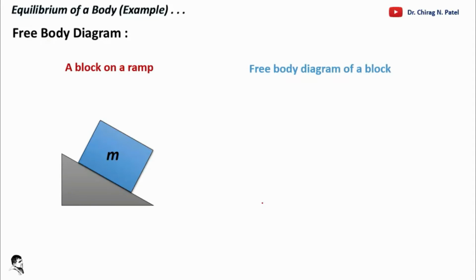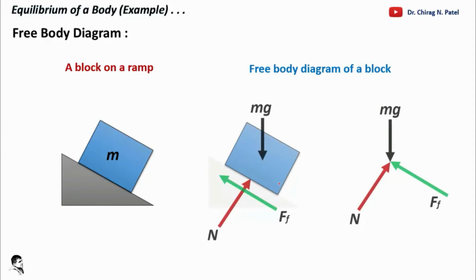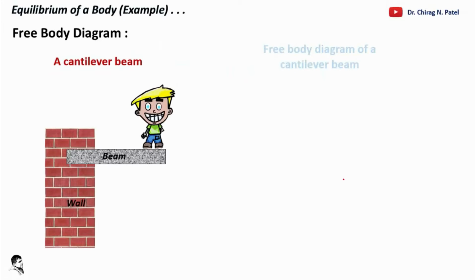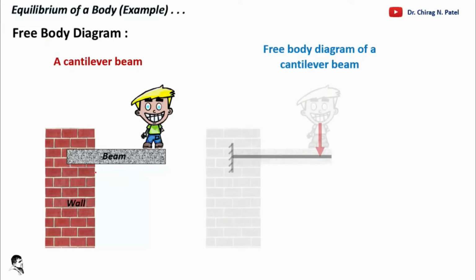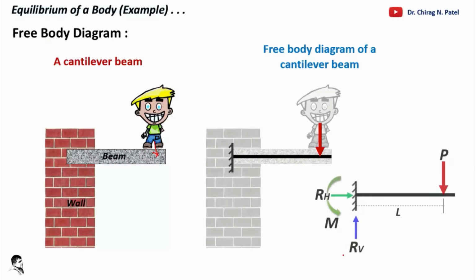Further, when a block is on a ramp, how to give the proper reaction and forces in the particular directions, you can resolve in the free body diagram like this. You can also take a real problem example of a cantilever beam. Here some weight is applied. Due to that weight, what is the reaction moment on that beam?